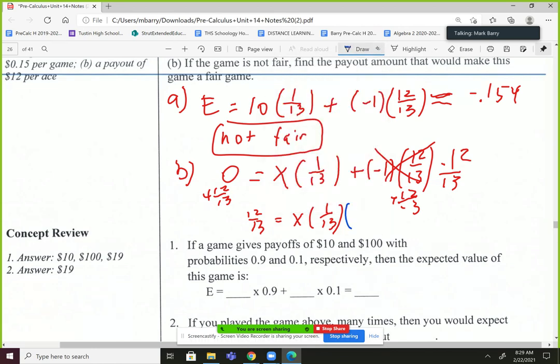I'll multiply this by 13 over 1 on both sides. The 13s cancel out, and so X would have to be a $12 payout.